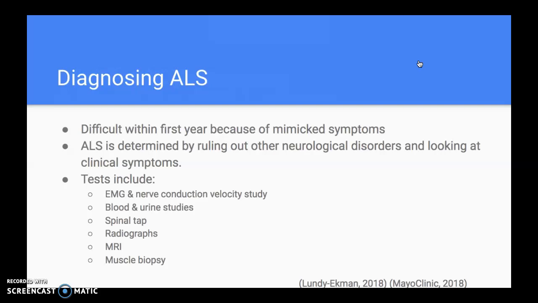Tests that can be done include EMGs and nerve conduction velocity studies, blood and urine studies, spinal taps, radiographs, MRI, and muscle biopsy. Again, I want to point out that with the rapid progression of ALS, it is important to diagnose as soon as possible in order to be able to provide whatever medications and whatever kind of therapy we can so that they can live their life to the fullest with their diagnosis.